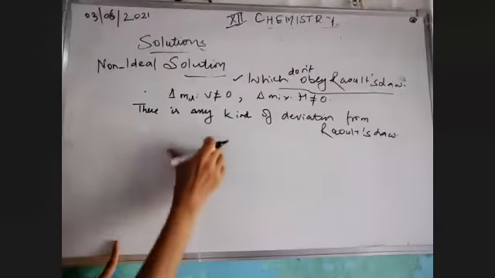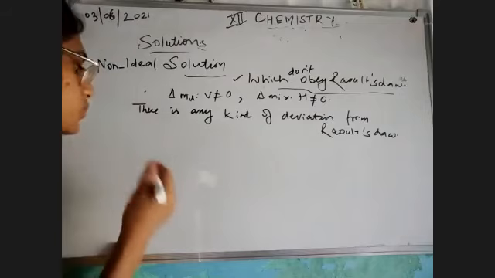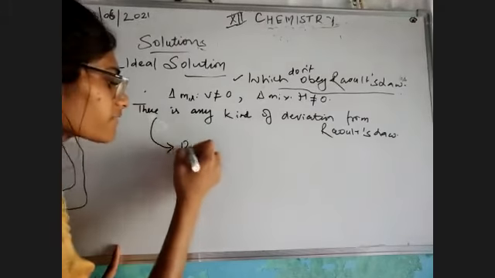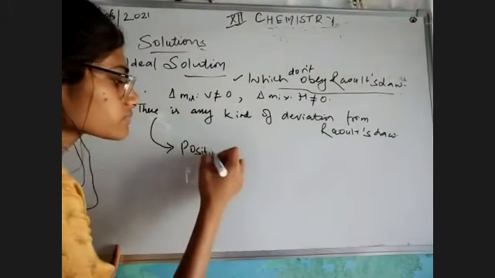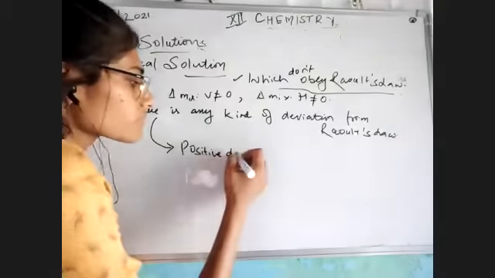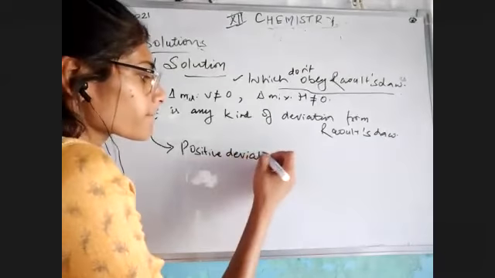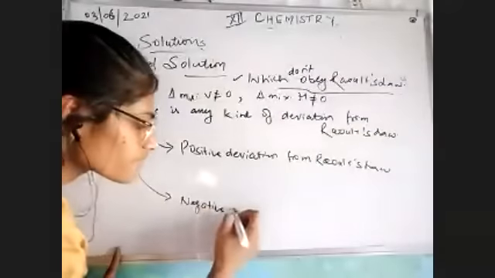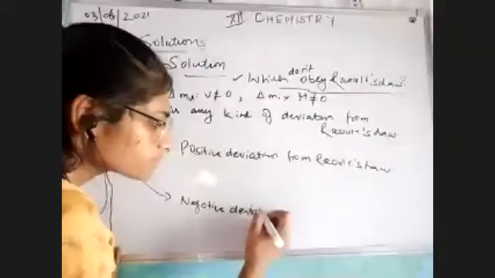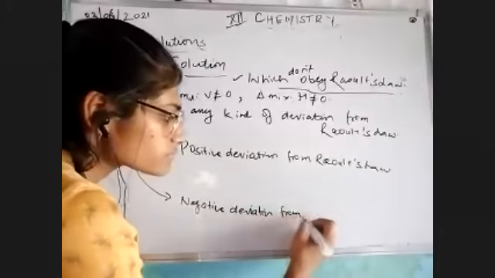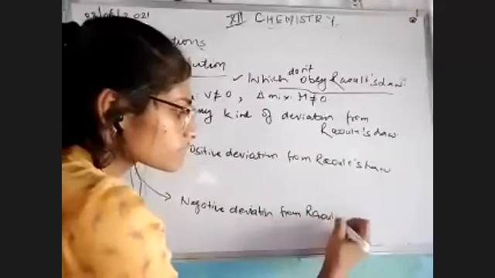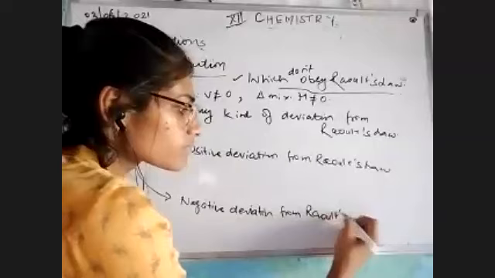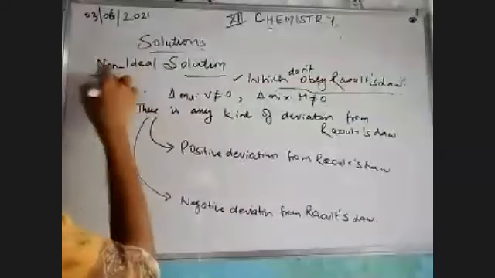Suppose there is a positive deviation from Raoult's law, and another one is a negative deviation from Raoult's law. These are the two types of non-ideal solution.